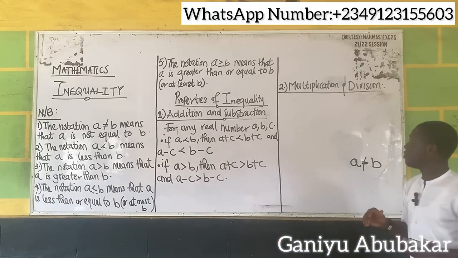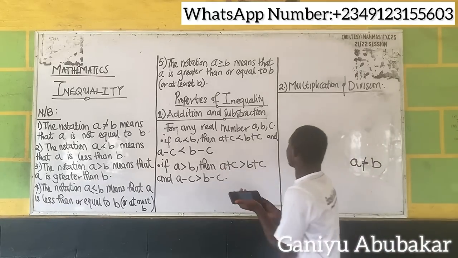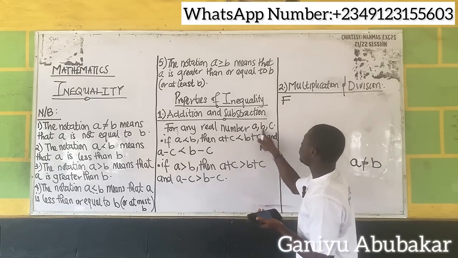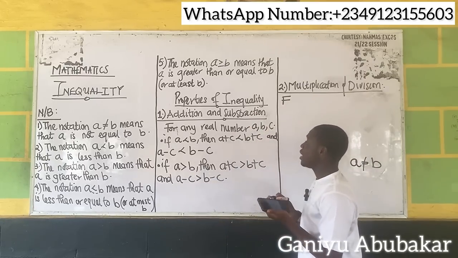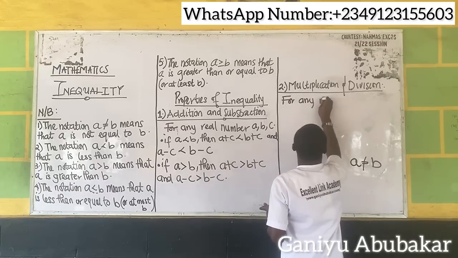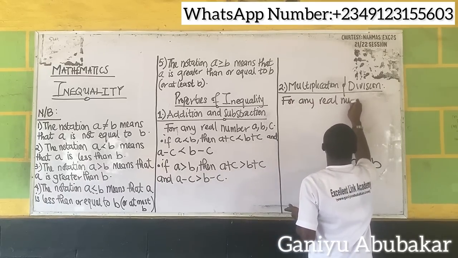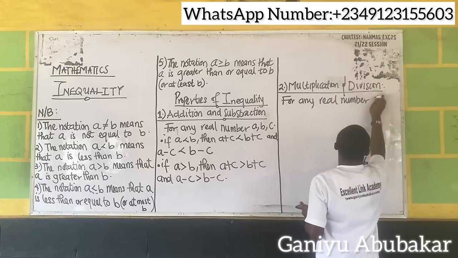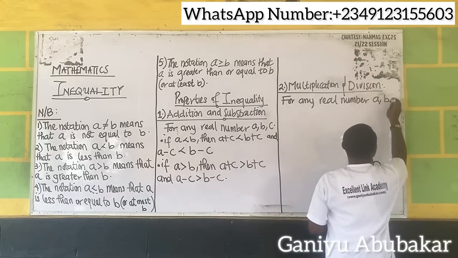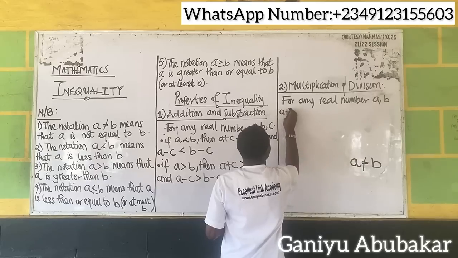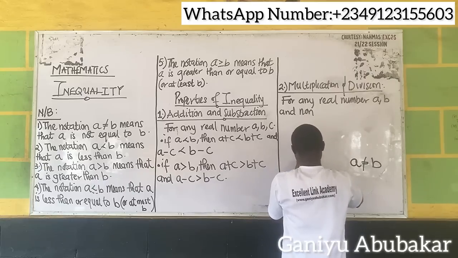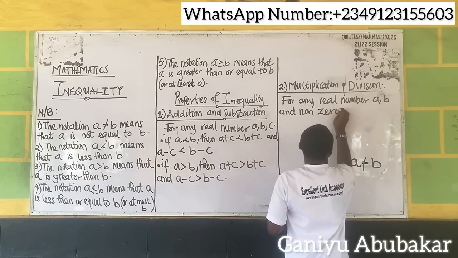When it comes to multiplication and division, note the following, please. Similarly, I'm using real numbers. Here I used a, b, c; in this case I'll be using just a, b. So for any real numbers a, b, and non-zero c.